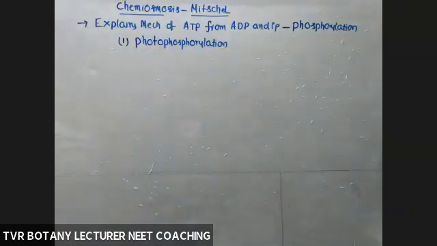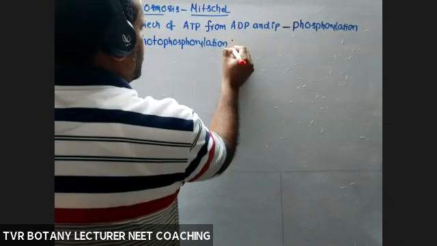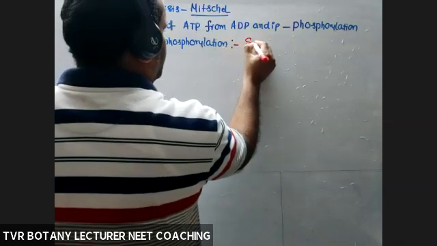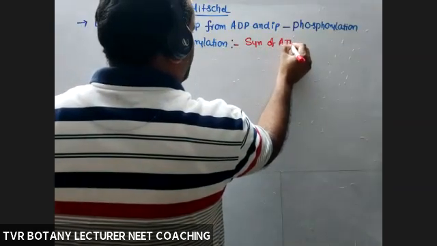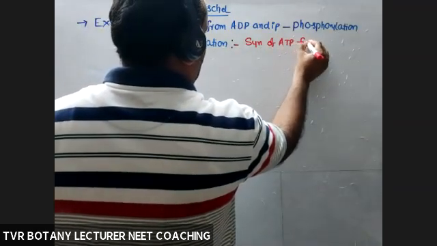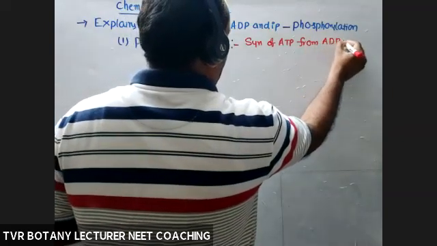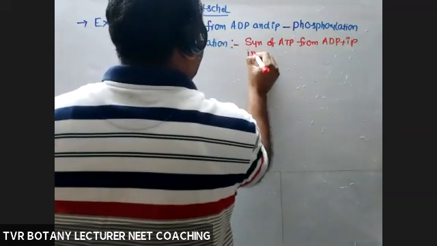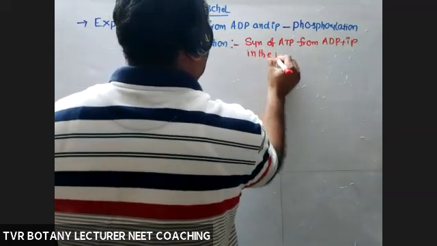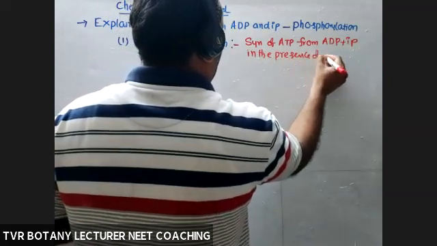So what is photophosphorylation? Synthesis of ATP from ADP and inorganic phosphate in the presence of sunlight, light.